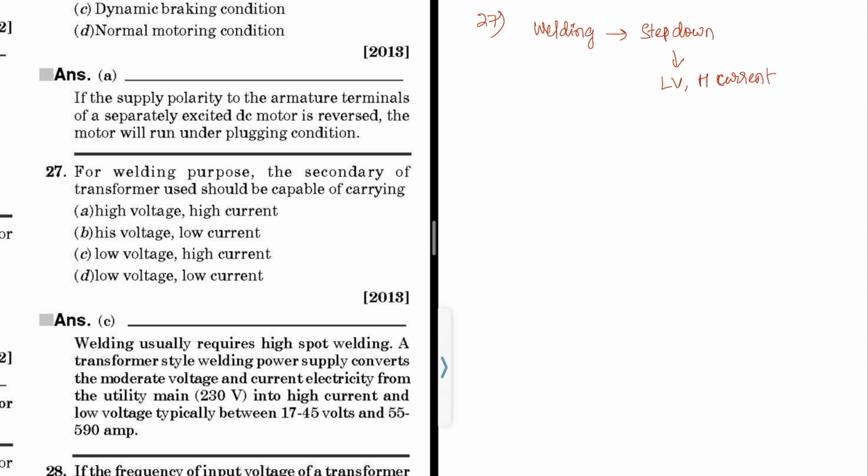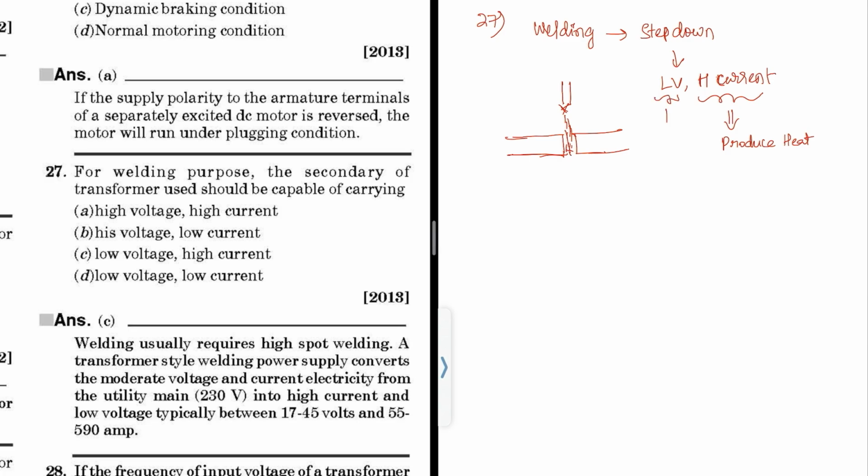Suppose these two are the things we need to weld. We use an electrode to fill this gap and to weld these two metals. So we require high current to produce sufficient heat, because more heat is required to melt the metal.